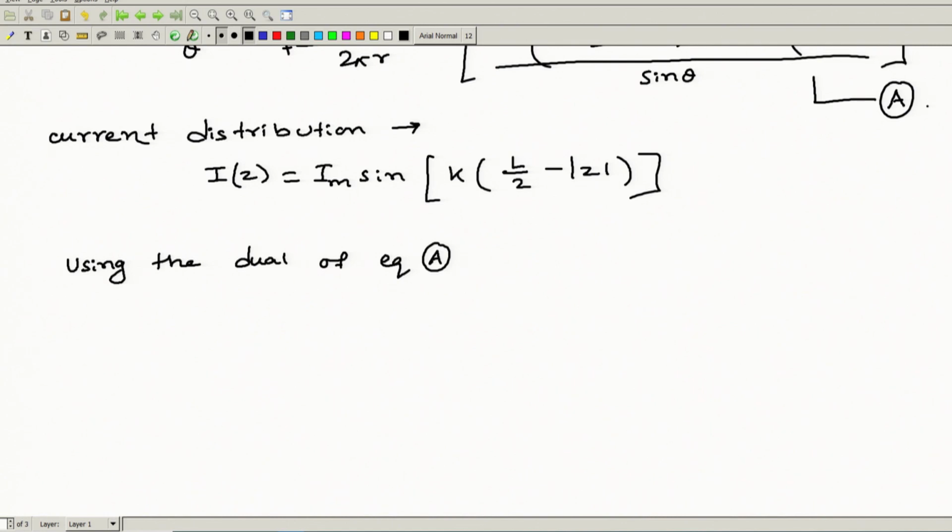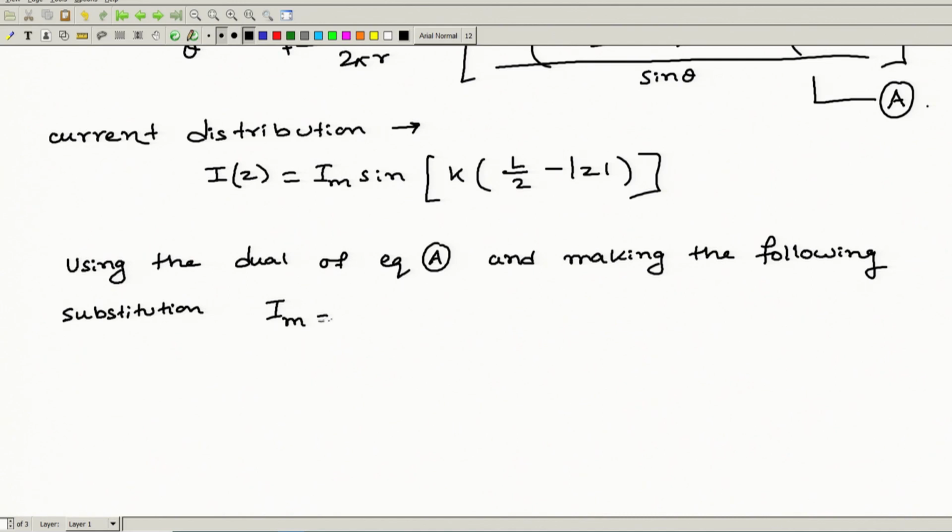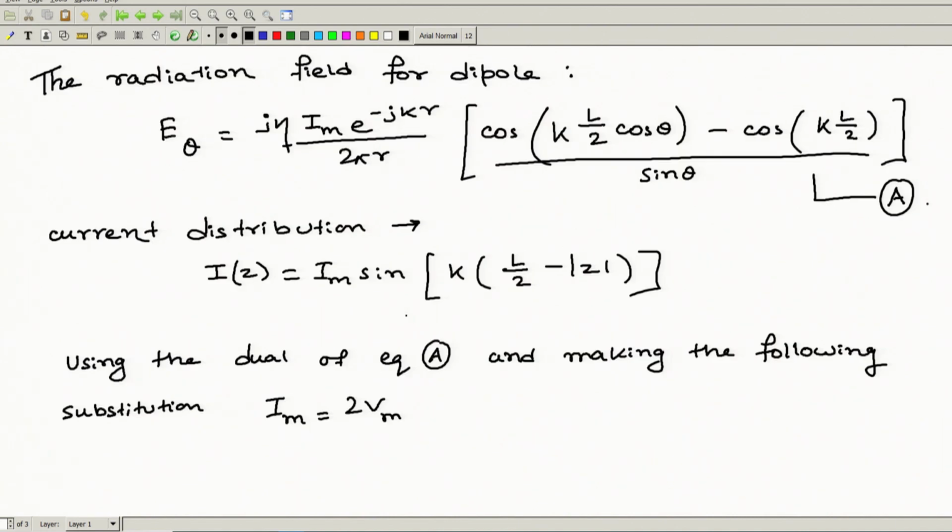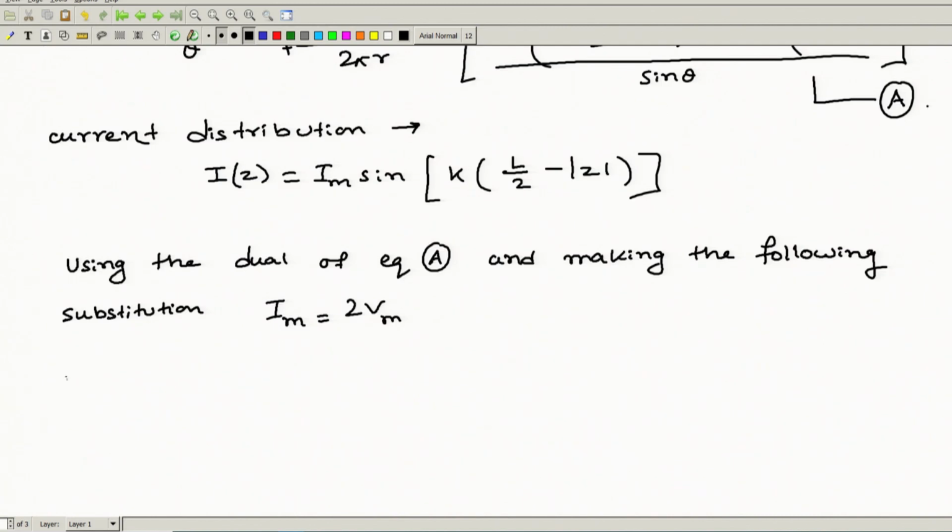we can write, making the following substitution. We will use the dual of equation number A and we will substitute in place of Im, now we have 2 Vm. So using duality from equation A, E theta will be H theta since we are applying duality.